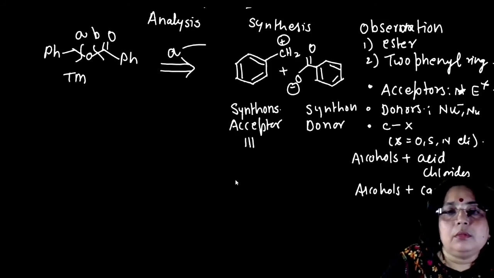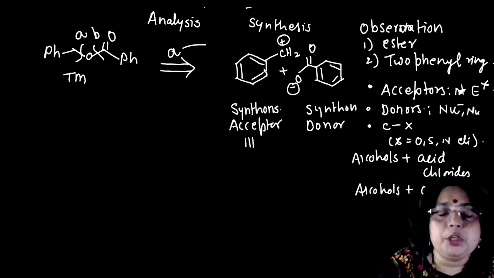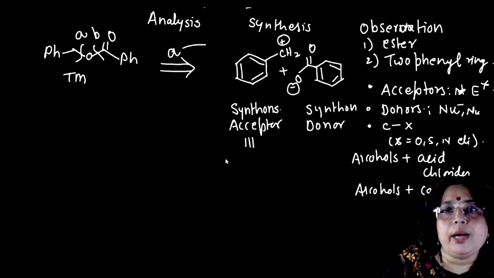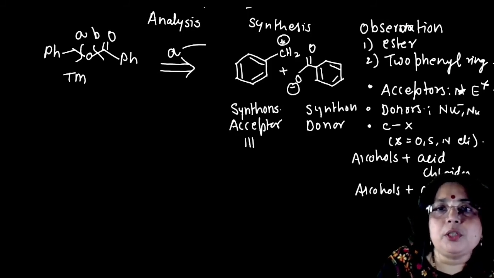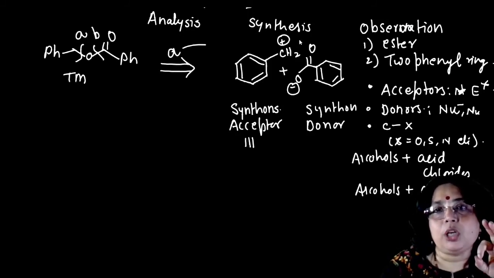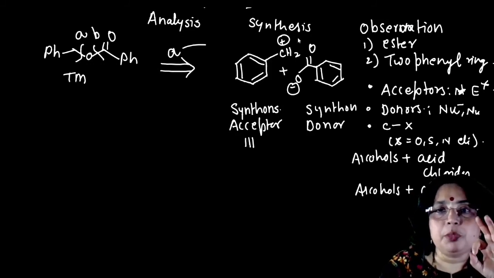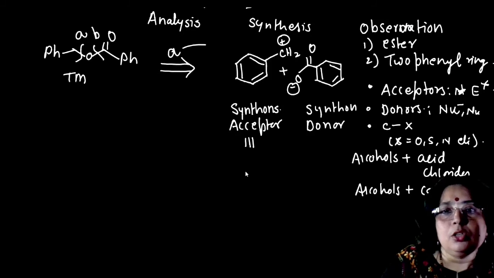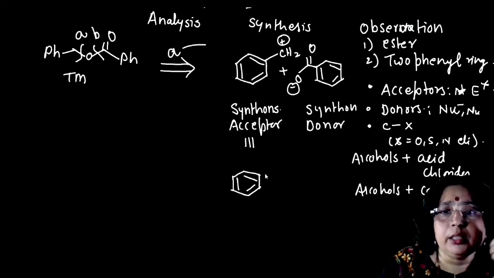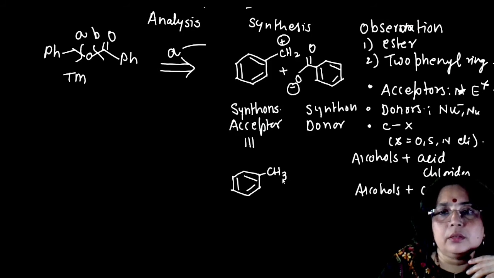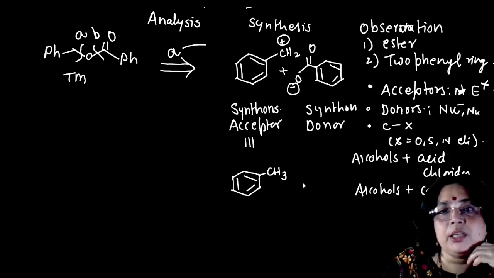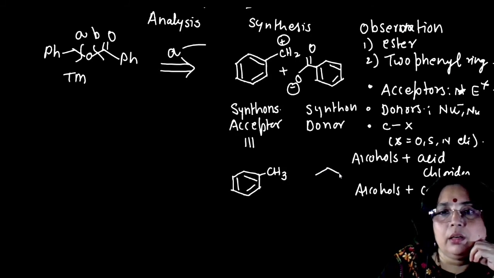Now what are the neutral species I am getting from these synthons? So let us see. If this is a positive charge, I need one negative charge, I need such a species so that it can neutralize. So I can take this molecule as one species and this as another species.